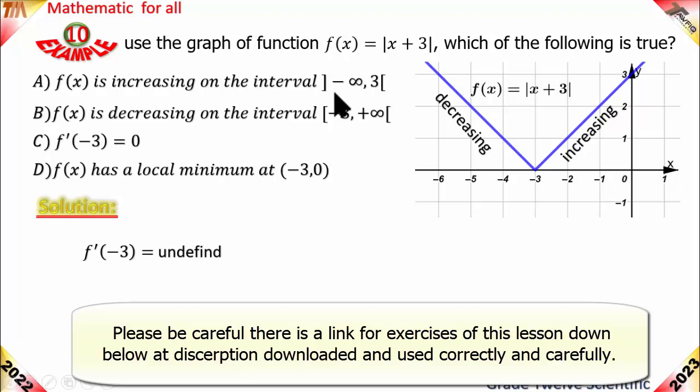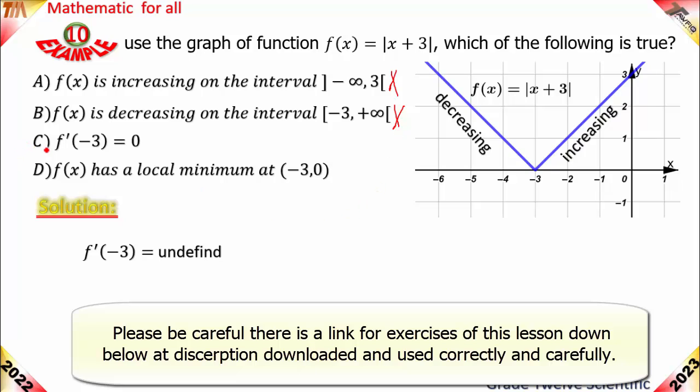That means the first one is not true, and the decreasing interval from minus infinity to positive infinity is false.